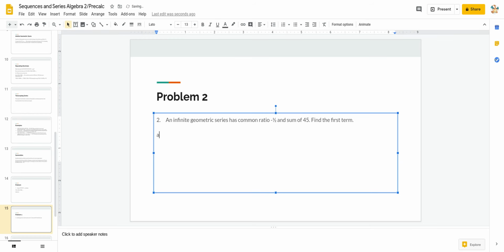So, a over 1 minus r should be equal to 45. 45 times 1 minus r should be equal to a, right?